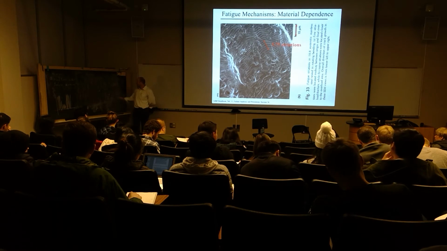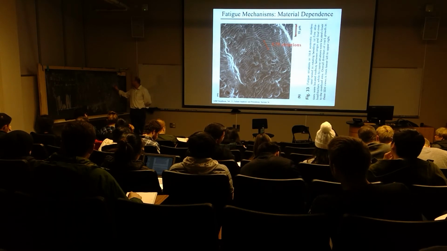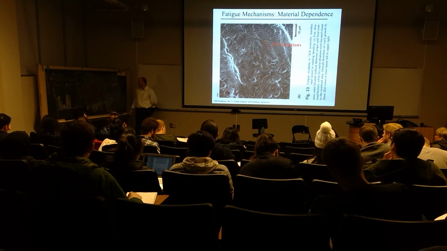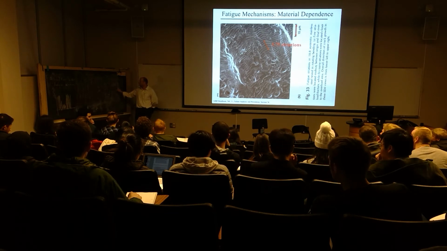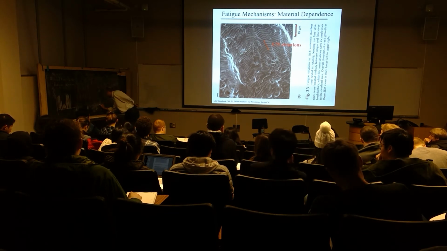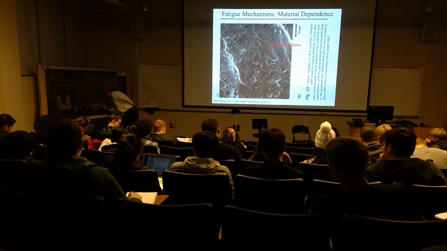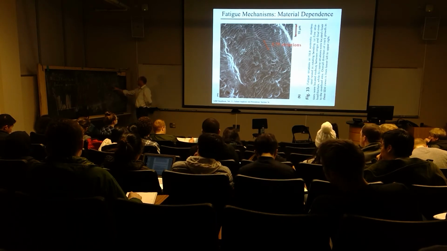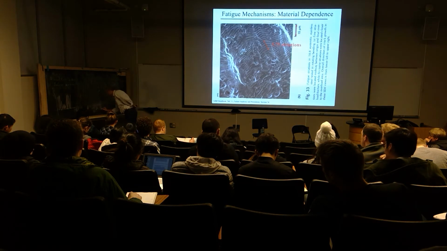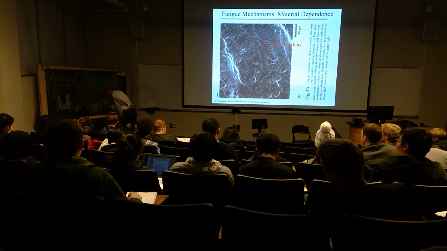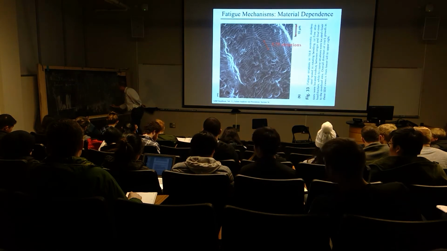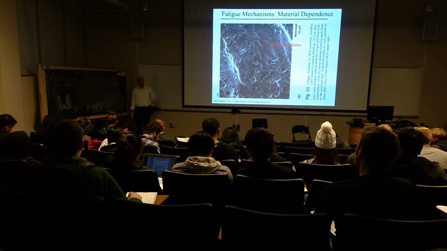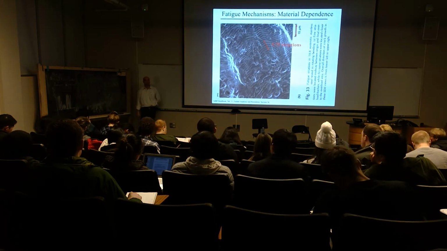And what I can do with this is, if I know that material well, and if I know that 18.8 was not subjected to something that scares me, I can start to say that my delta A over delta N divided by my value A raised to the power 1 over N is equal to my value of delta K. I can back out what the stress intensity range was on that particular specimen.